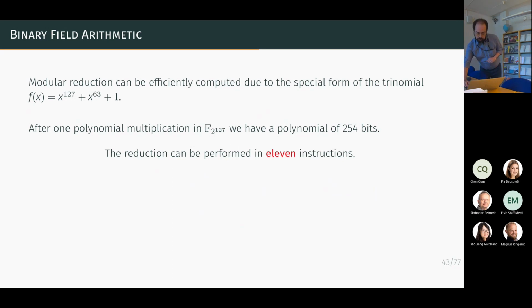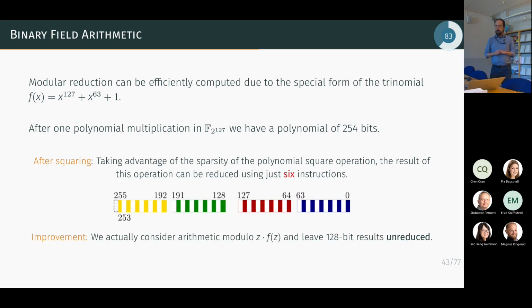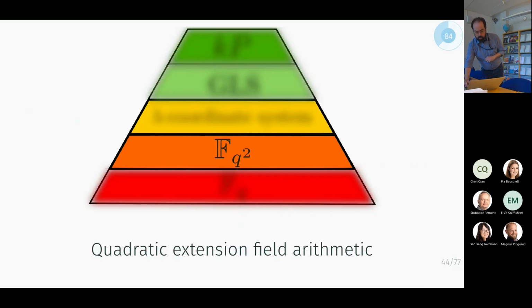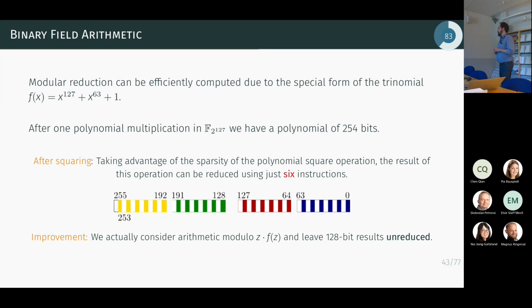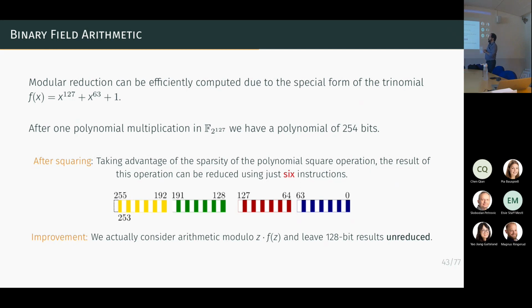To do this, we also figure out that because squaring has additional structure, you avoid adding 0 bits. You don't need to add those if they will always be 0, right? Which is the case of the pesky bit I had at the end, where I need to add shifted versions of it, because I know it will always be 0. So for squaring, we can do this with just 6 instructions. At the end, we figure out, oh, reducing modulo f strictly is silly.